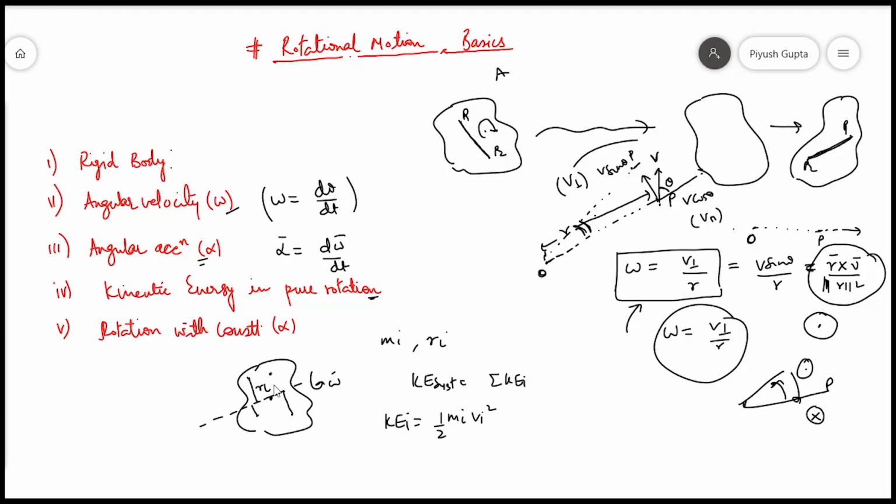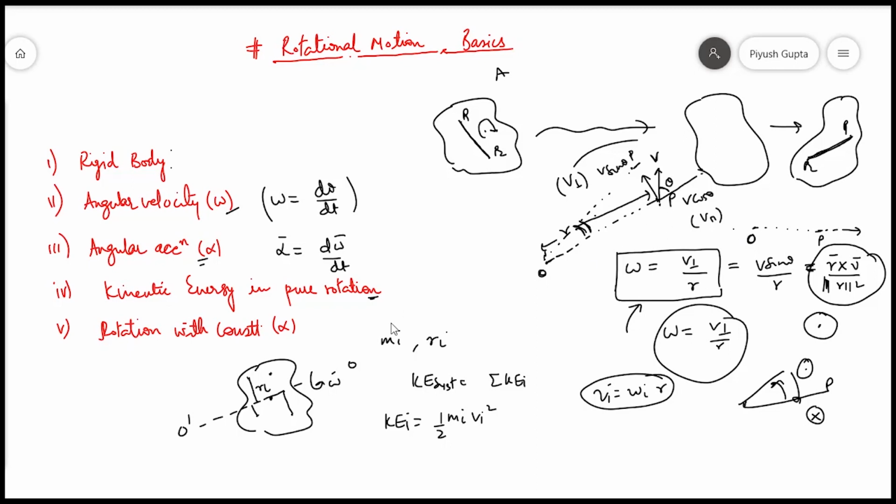Think about it, if this whole system is rotating about its axis O dash with some angular velocity omega, each particle is going to have a speed vi equal to omega into r, which you can see from this formulation. Omega is v perpendicular divided by r, so there is no radial velocity.